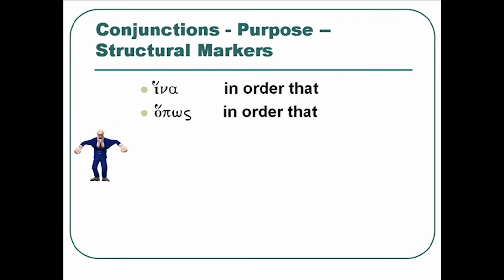And hos also means in order that as well. You notice that hos also meant since in a causal sense. Here, hos is used in terms of purpose. What is the difference between cause and purpose? We'll look at that in just a minute here. So these are three trigger words that you can use to indicate the purpose of something.